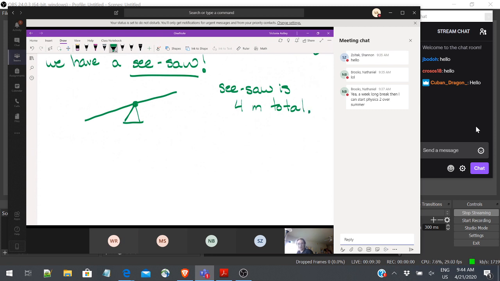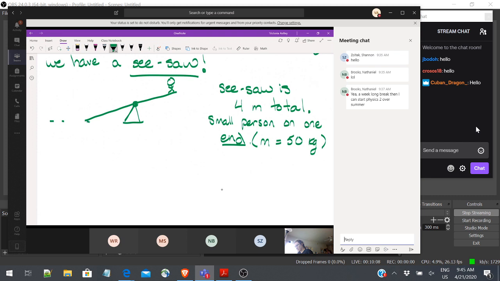And let's say we have a very small person standing at one end. It has a mass of, let's say, 50 kilograms. So by small person, perhaps I mean child. And say they're all the way at the end.